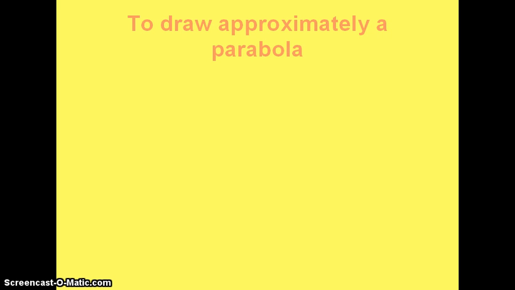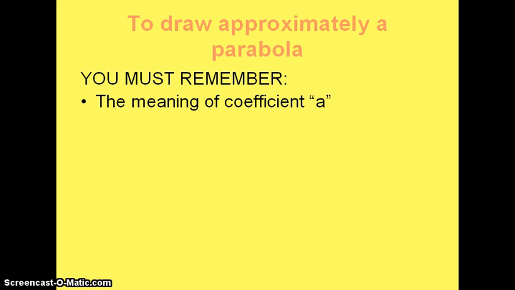We always have to remember three things to draw approximately a parabola. The meaning of coefficient a. If a is greater than 0, the concavity is upward. If it's less than 0, the concavity is downward.